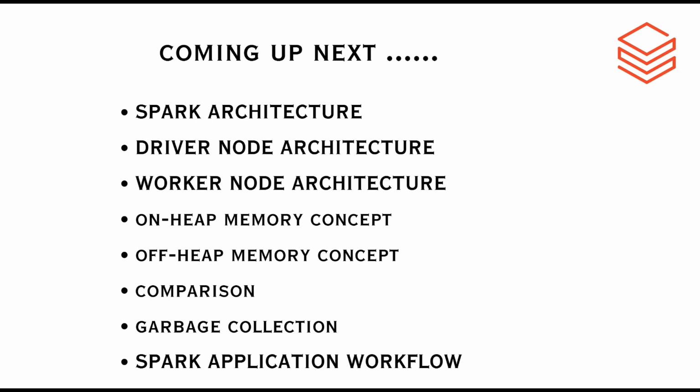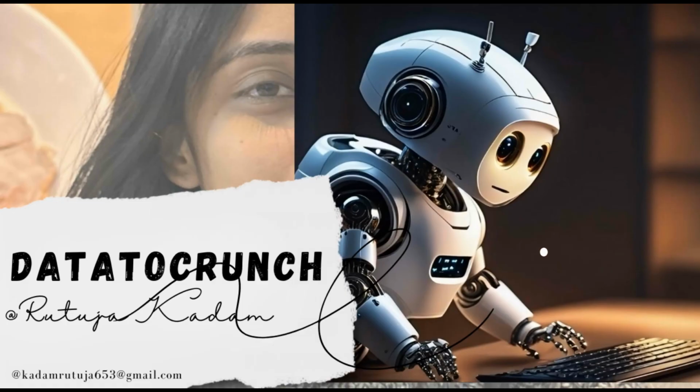In the next lecture, we will look at the points displayed on the screen. If you are excited to deep dive into these topics and master Apache Spark and Databricks, this playlist is for you. In the upcoming videos, we will break down each aspect in more detail, and we will try to cover advanced features like Spark Streaming and machine learning too.